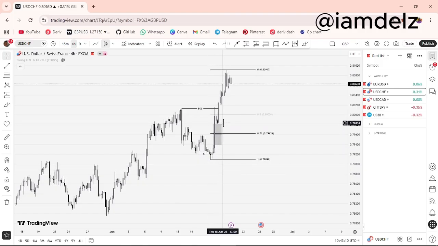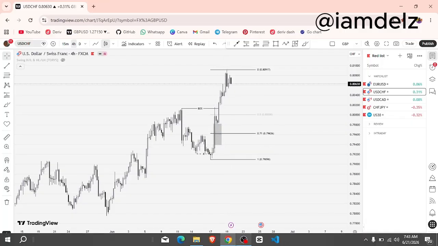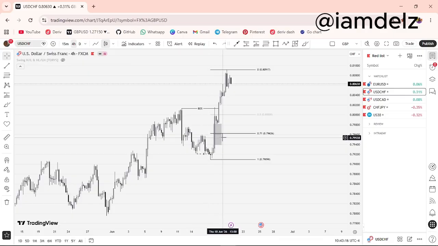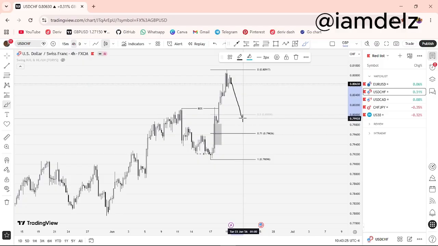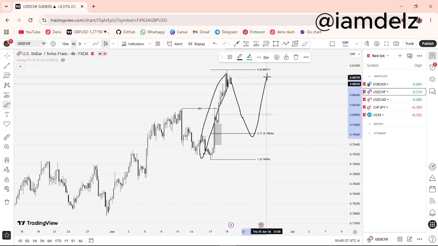The confluence that I'm looking at now is the FVG lining up with the 71% before the expansion. So just like the EURUSD, I'm expecting price to tap into the 71% and the 50% of this whole range before I set my entry parameters. Then I want to see price coming into here and breaking structure, creating a new higher high.